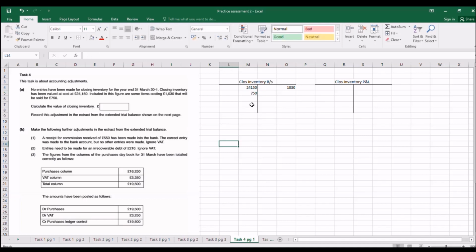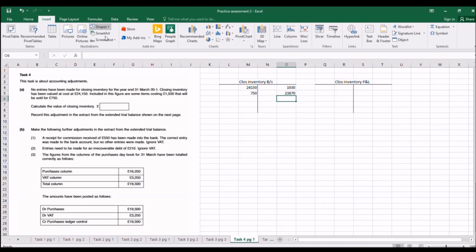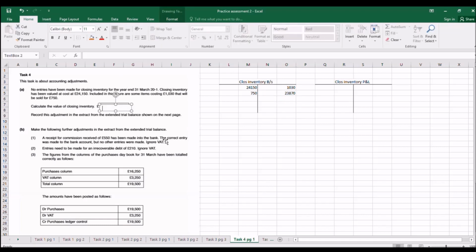So prudence, we go and we recognise our losses immediately, and we only recognise our profits when they're incurred. So the closing value of the stock, okay, what's that? 23870. There's our balance carried down.